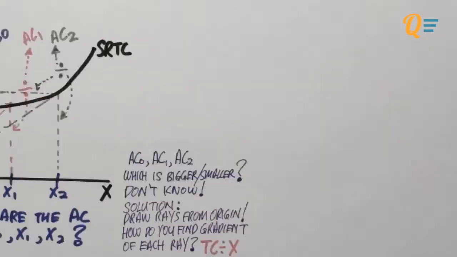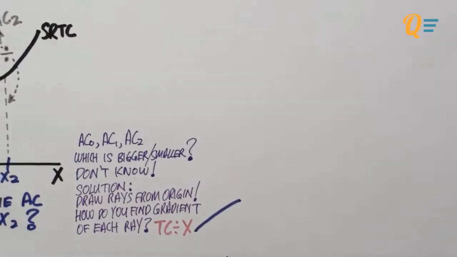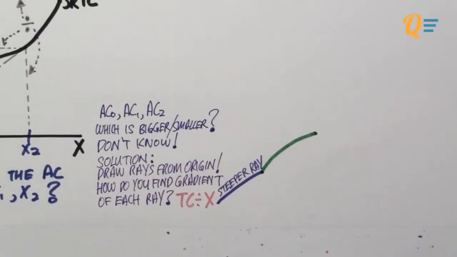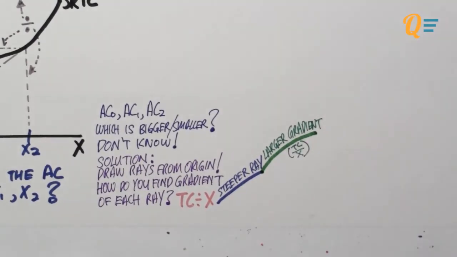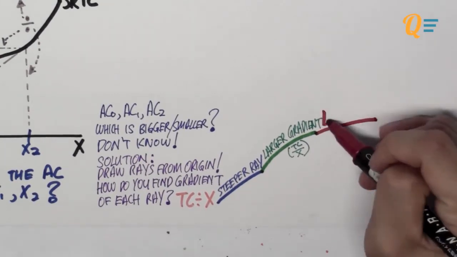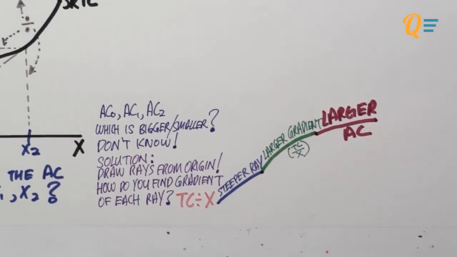The steeper the ray, the larger the gradient. And just a gentle reminder, to find the gradient, you simply take the total cost divided by the quantity of X produced. So when you have a larger gradient, this simply means you have a larger average cost, because TC over X is your average cost.